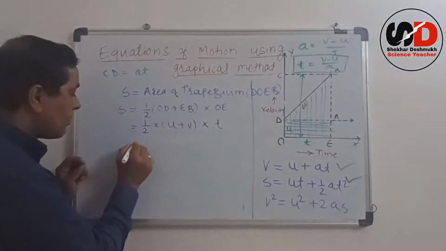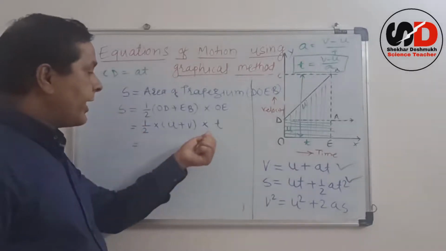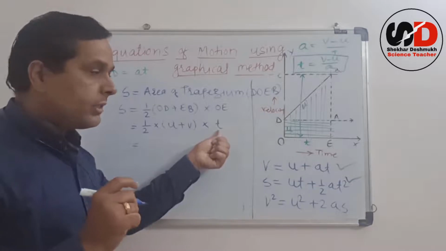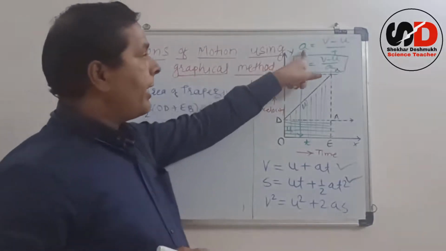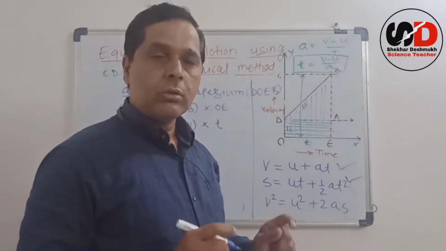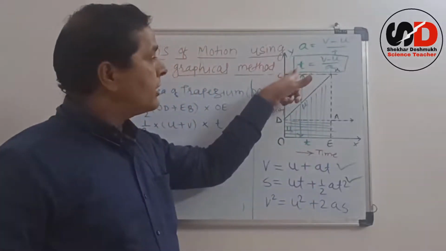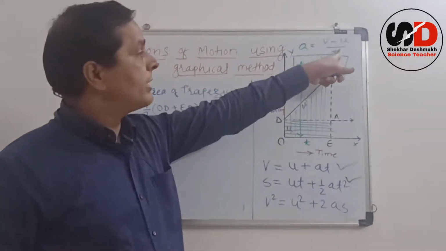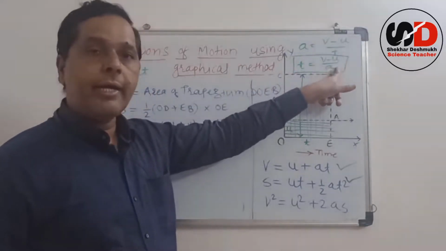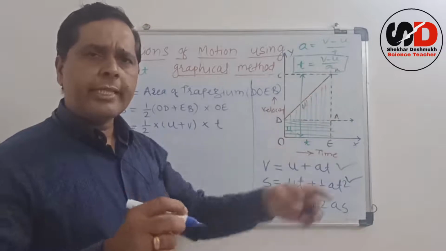Now we have to take the value of T here. What is the value of T? A is equal to V minus U divided by T. That we know. And from this equation, T is equal to V minus U divided by A. So take this value.